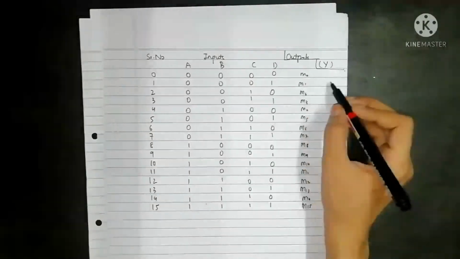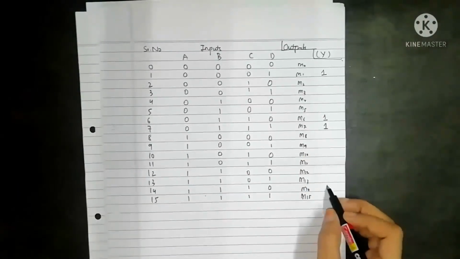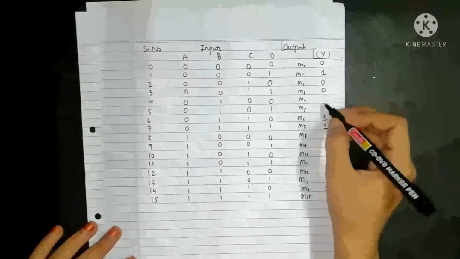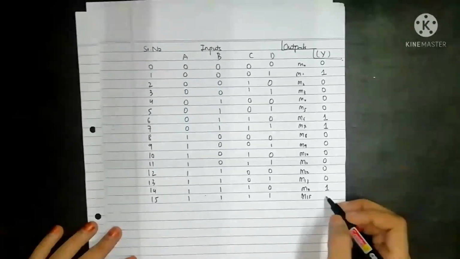So for M1 the output will be 1, for M6 it will be 1, for M7 1 and for M14 1. The remaining terms will be 0.